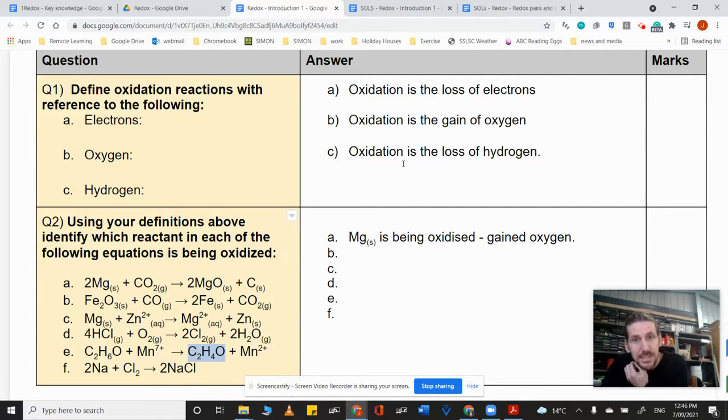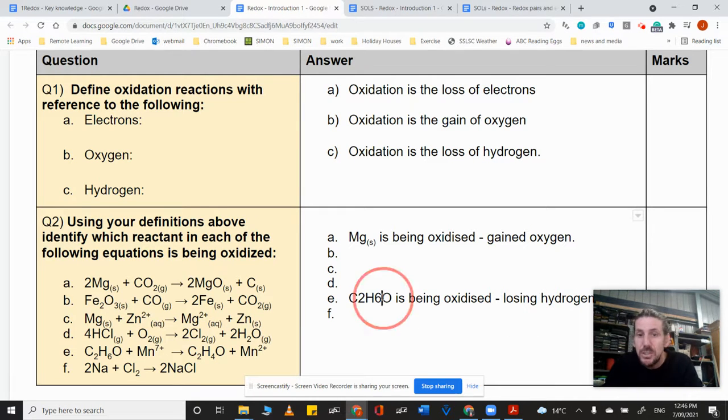What that means is that is, again, oxidation. So in this case, we have C2H6O being oxidized as it is losing hydrogen. So again, just applying these definitions to what you can see in our reaction.